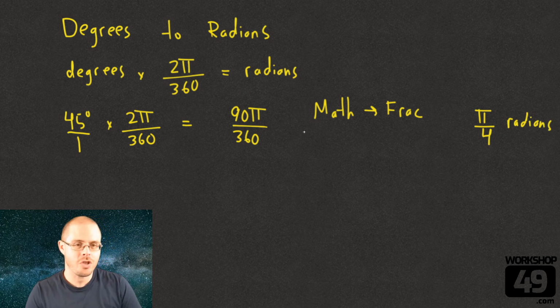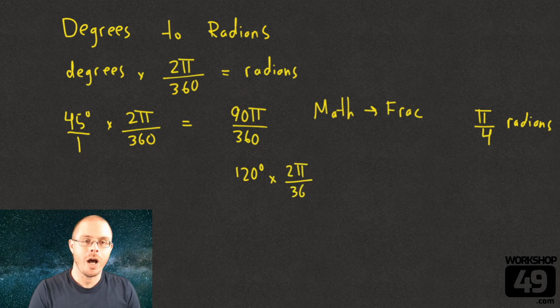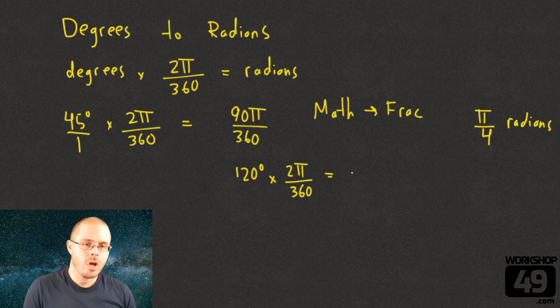We're going to do a couple more just so that you can hear that process. But remember, that math frac button turns things into fractions. So easy. 120 degrees multiplied by 2 pi over 360. We're multiplying by a fraction, top to top, bottom to bottom. 120 times 2 pi, 240 pi.